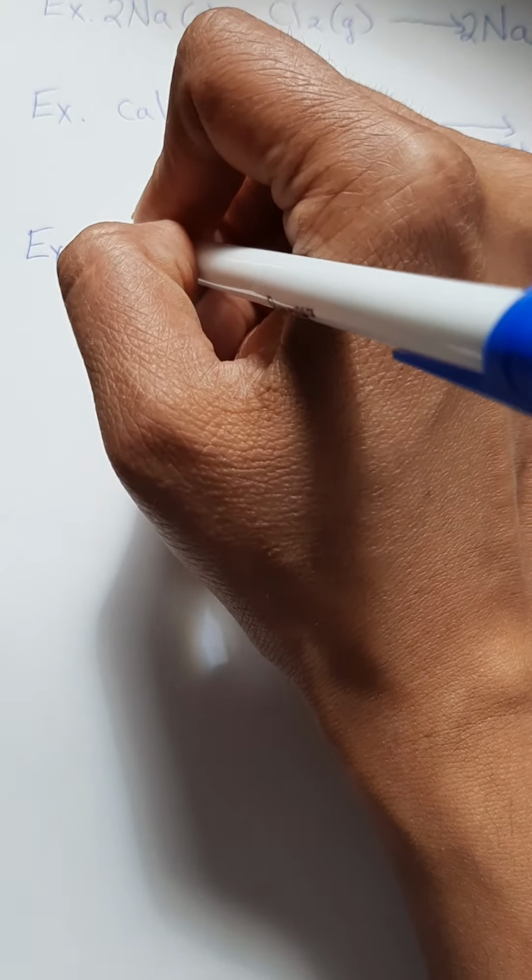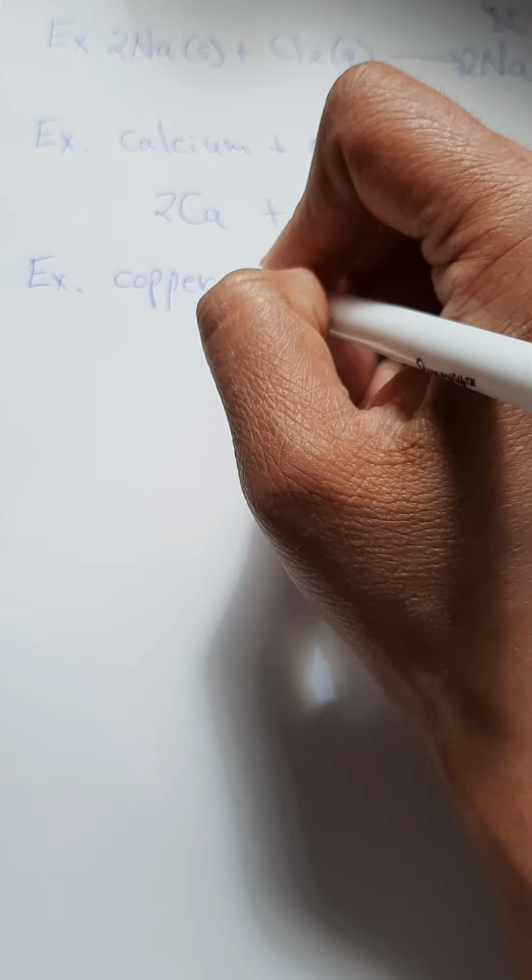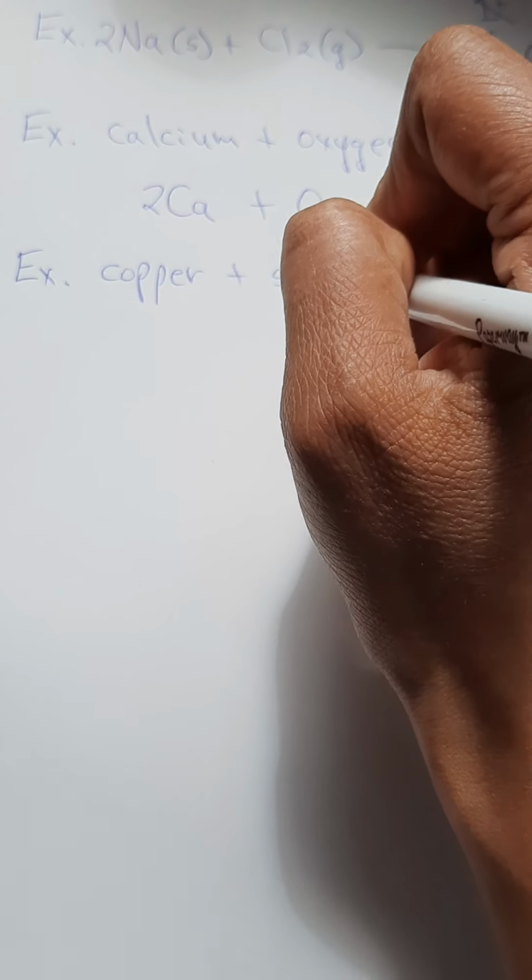So this looks like it is a transition metal. Let's try this one. So I have copper plus sulfur, and what it's forming. I noticed that copper is a transition metal. Remember when we were discussing this in the previous video, it has 2 charges.